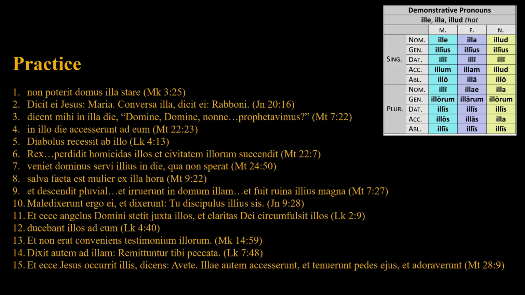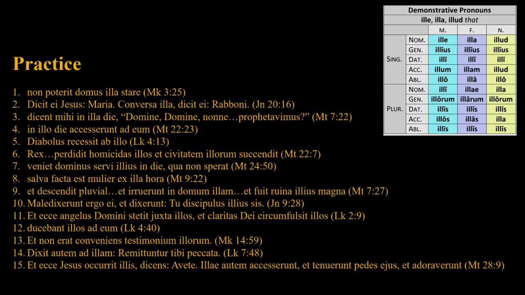I think in English we would just say she turned. Dicit, saying to him, or says to him, turning, she says to him, Rabbi, okay? But we're focusing on illa, so conversa illa, so that female turned. That would be a very, very rough and unpleasant translation. I think in English, pretty straightforward, she turned, okay?